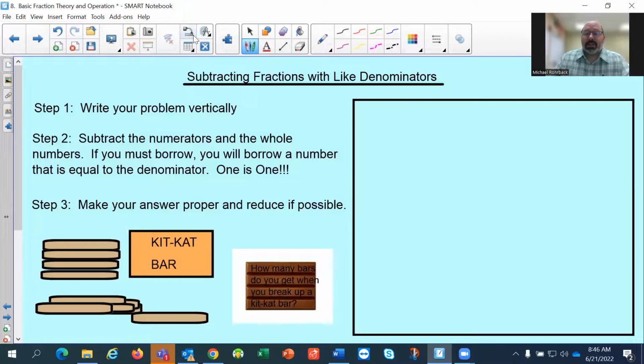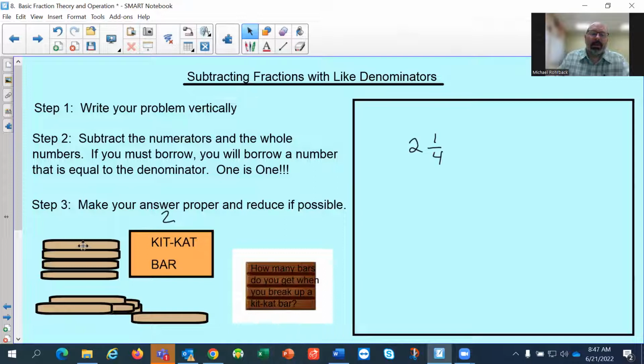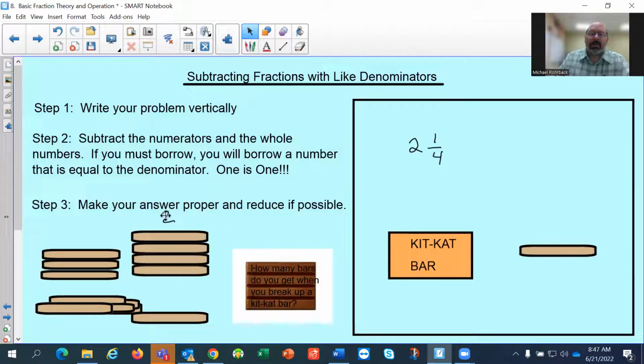With fractions, when we borrow, say, for example, we have 2 and 1/4 Kit Kat bars. Let's say 2 bars, 2 full packages, and 1/4 of a stick. So I have 2 of these, and I'm going to grab 1 stick of a Kit Kat bar. So this is what I've got.